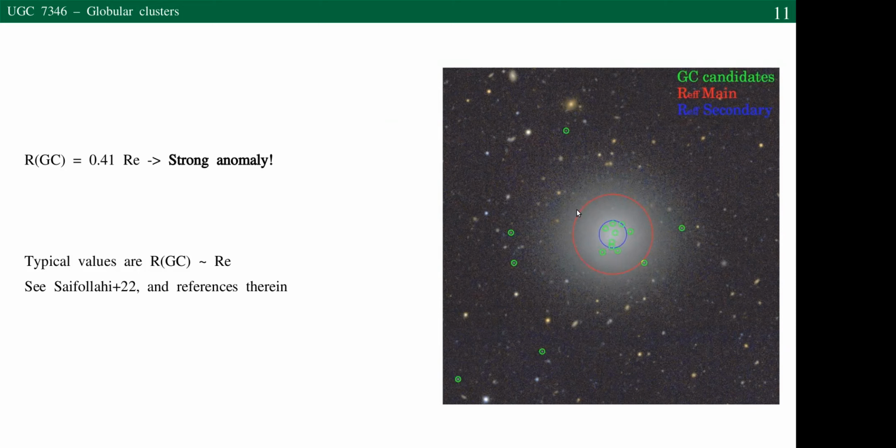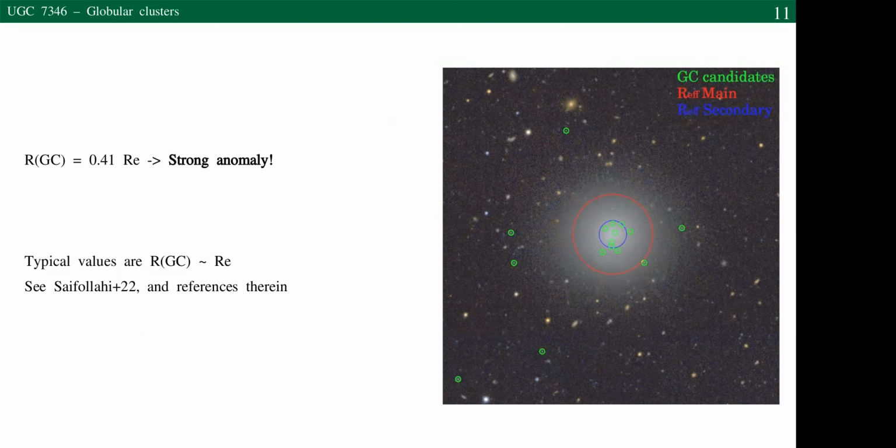So the very high concentration of the globulars seems to be real, and this is a strong anomaly because the typical values in the literature are of the order of unity for this fraction between the half number radius and the effective radius of the galaxies. And we have here around 0.4.